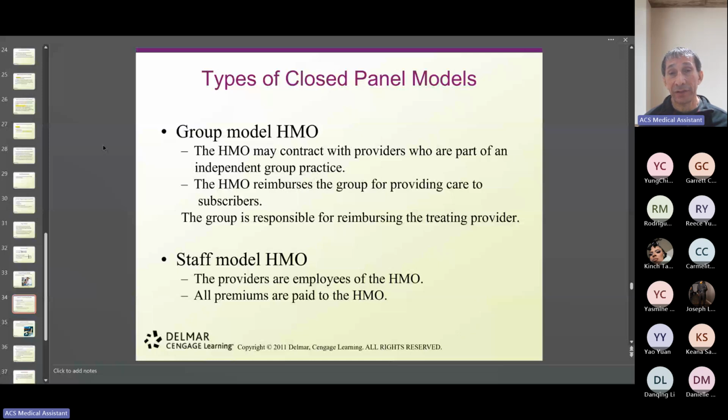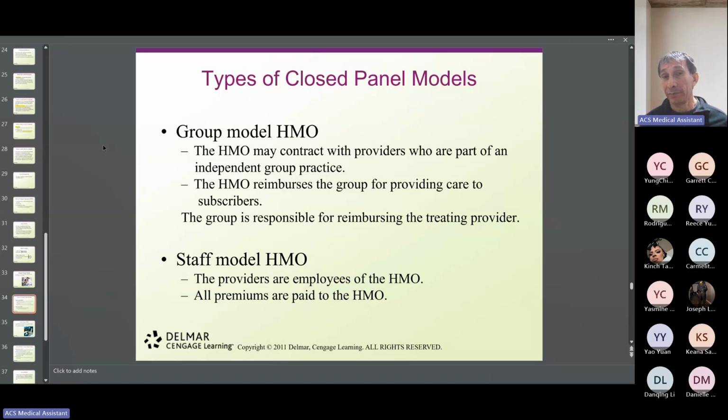Because I don't have the chance to get the money directly from the insurance company. I'm the one who provides the services to the patient, but I'm not the one who signed the contract with the HMO. It was the hospital. So I get paid by the hospital, not by the insurance directly.